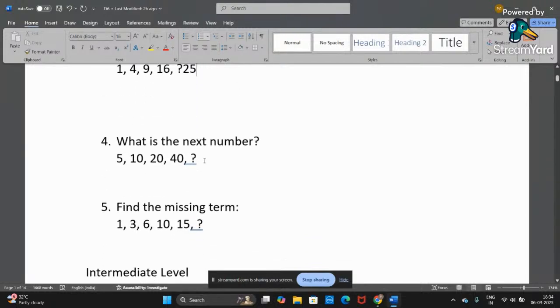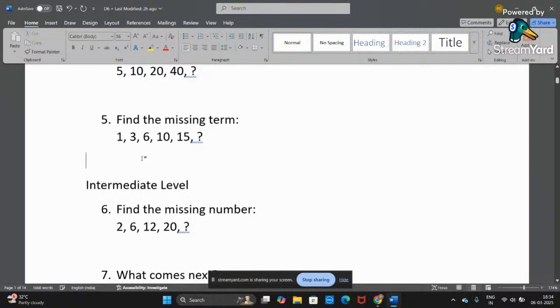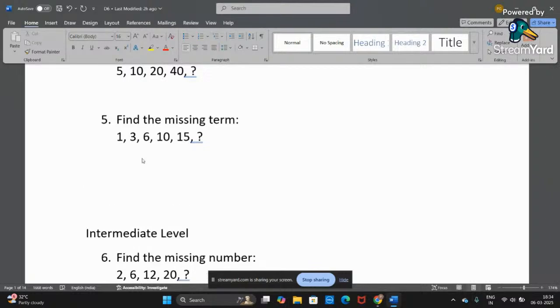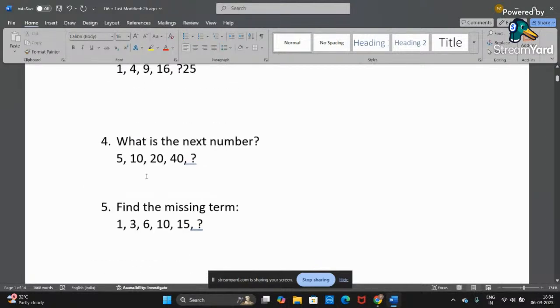Now solve the fourth one. What is the fourth answer?